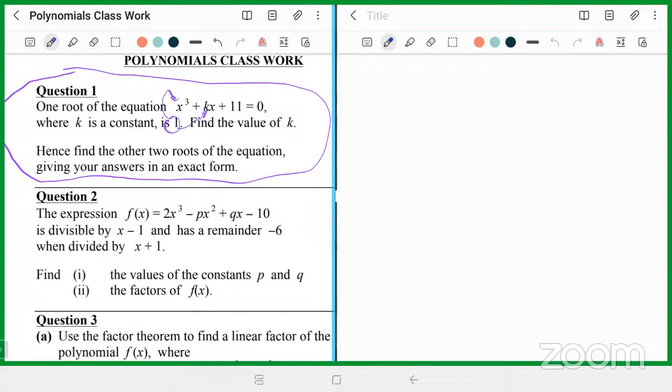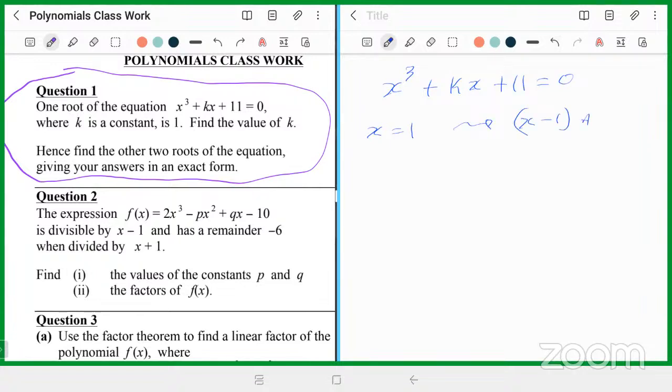It is basically an x value that satisfies the equation. So on the equation x cubed plus kx plus 11 equals 0, x equals 1 is a root, which implies that x minus 1 is a factor. Okay, remember, if you know a root, you also know the factor.